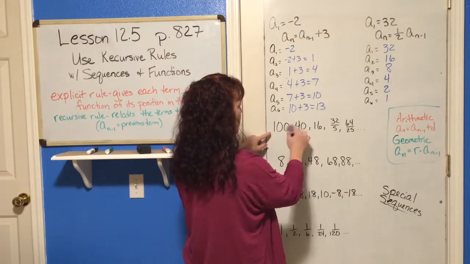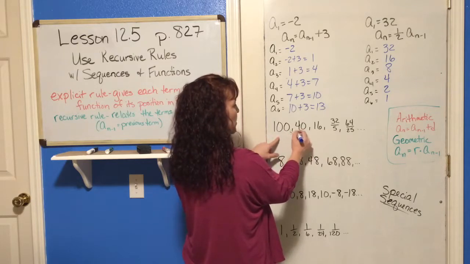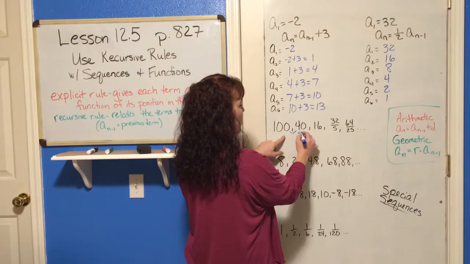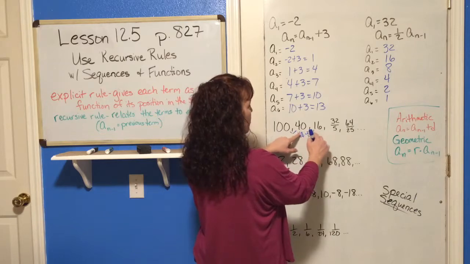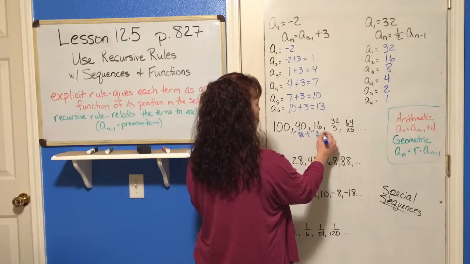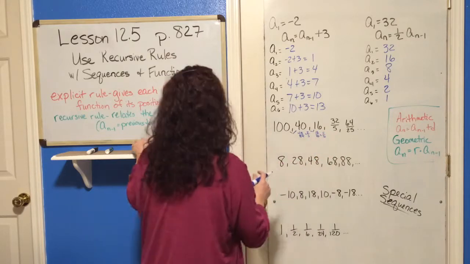Let's look and see for a common rate. So 40 over 100 would be 2/5, and 16 over 40, if I divide by 4, is 4 over 10. Oh, 2/5. Aha.